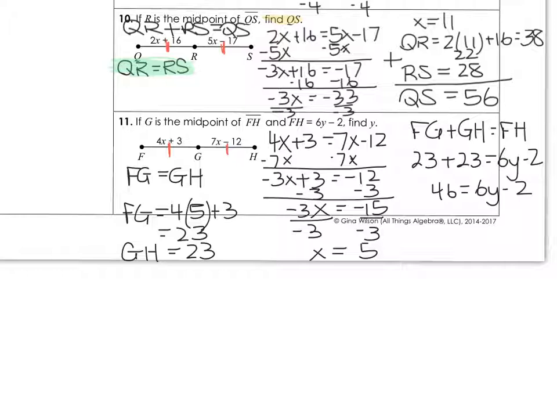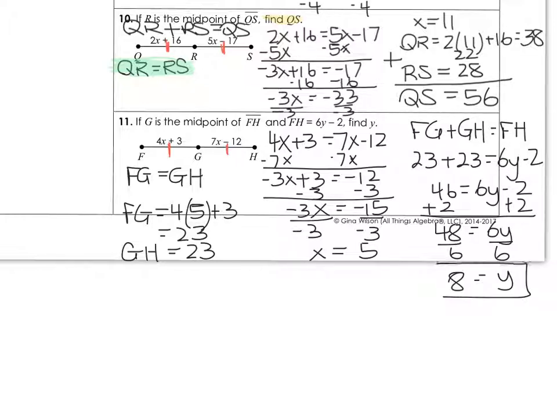I'm just going to leave my y on that side, since I can just isolate it by adding 2 to both sides. And then divide by 6. So this one was just a little bit different, and hopefully you were able to understand that. And this ends our notes on segments.